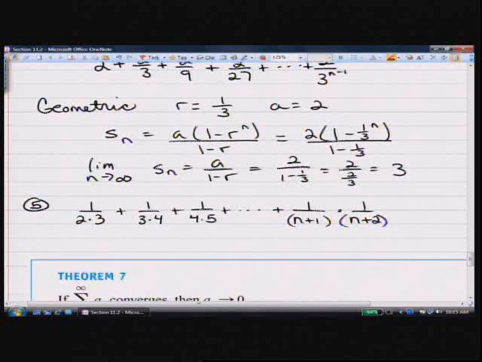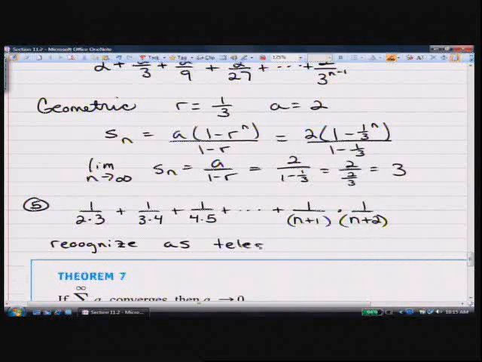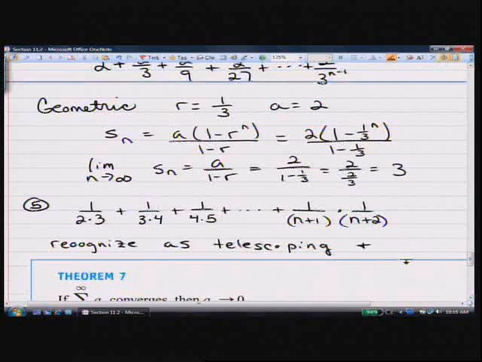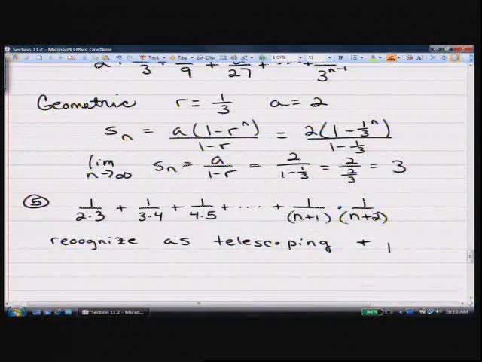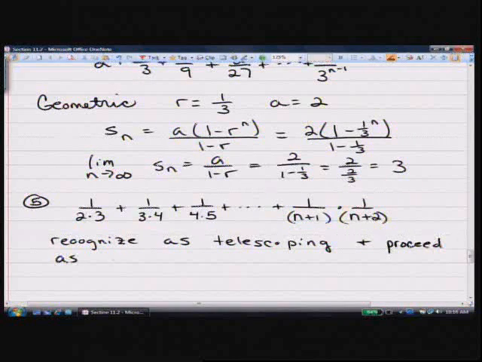You can recognize that as telescoping, and proceed as before, as in the other examples.